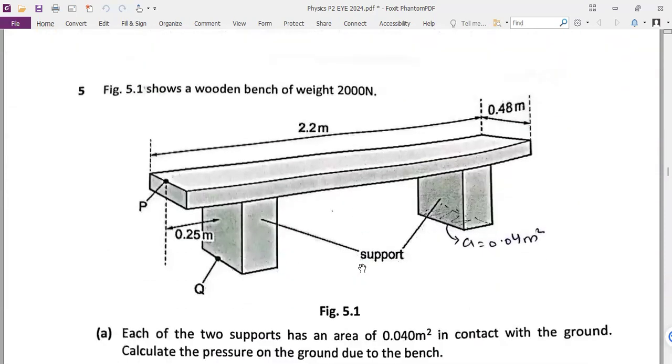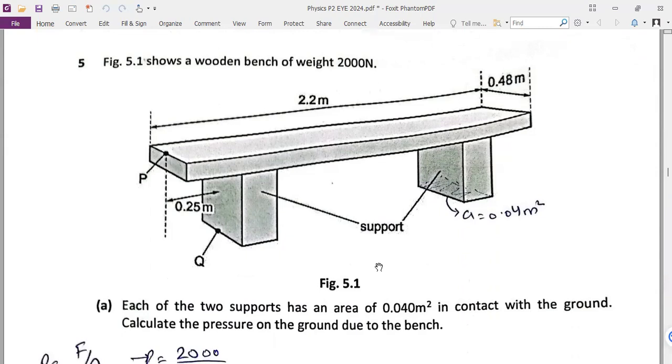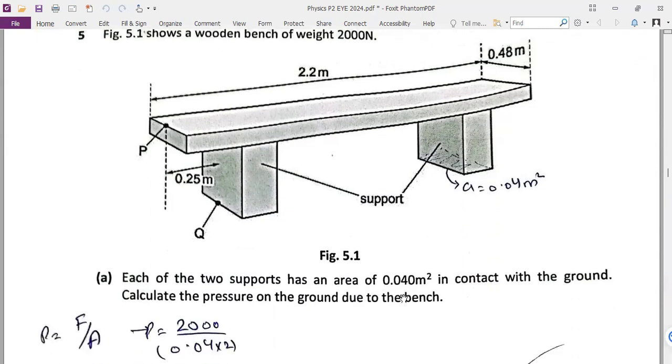This one, question number 5. There is a bench whose weight is 2000 newtons. It has all these details in the diagram. What you have to do is, each of the 2 supports has an area of 0.04 meters squared in contact with the ground. Calculate the pressure. The pressure is force per unit area.